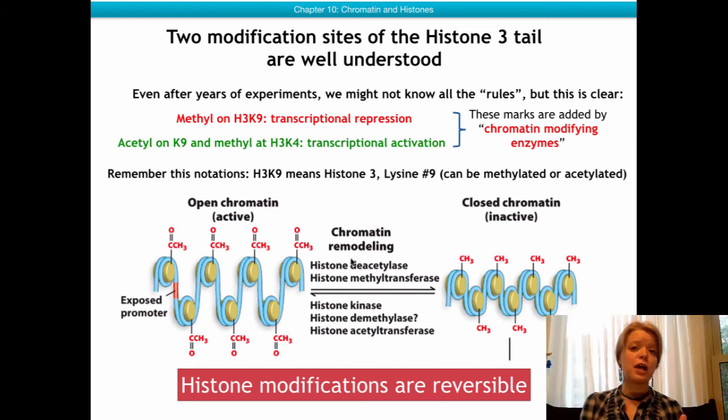So a lot of research has been done on the subject. And if you guys care, I would recommend reading the intro paragraph of chapter 10 that describes a scientist from Rochester, New York, actually describing the process of how they isolated the first HAT, which is a histone acetyltransferase.